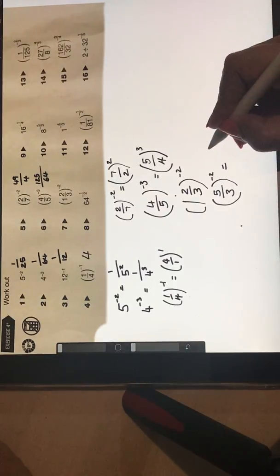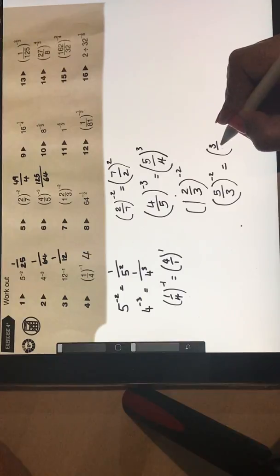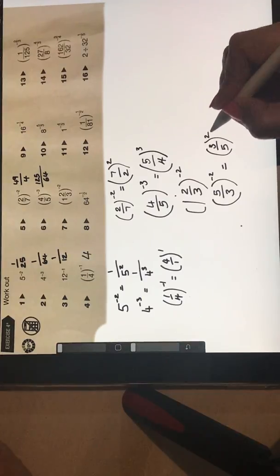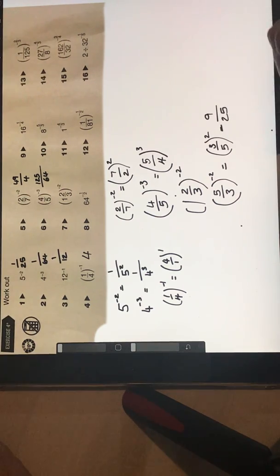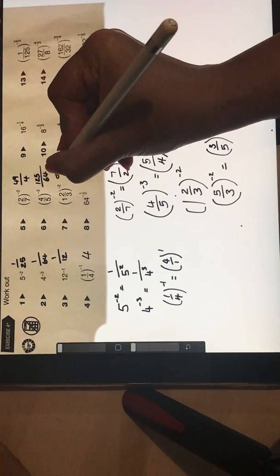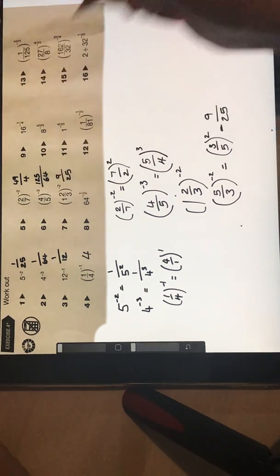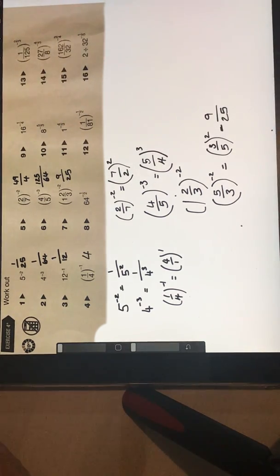And then we flip the fraction because we want to get rid of the negative indice. And then we can solve it by saying 3 squared is 9, and 5 squared is 25. So for number 7, the answer is 9 over 25.